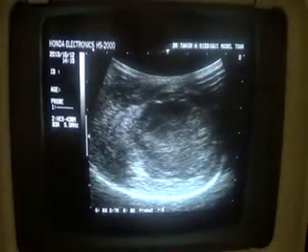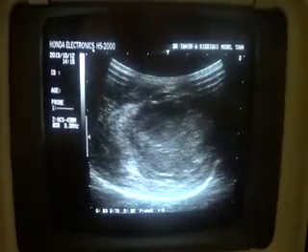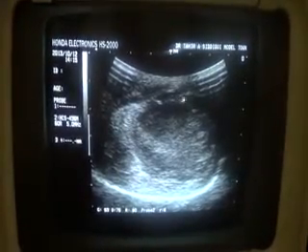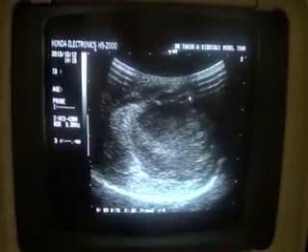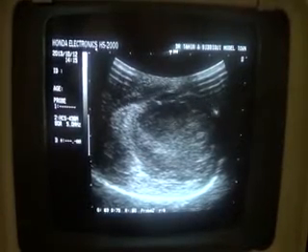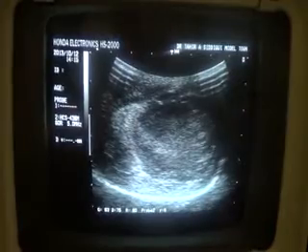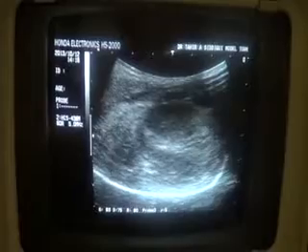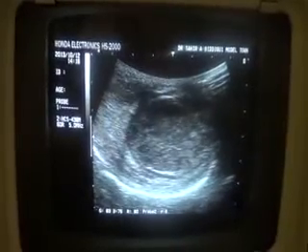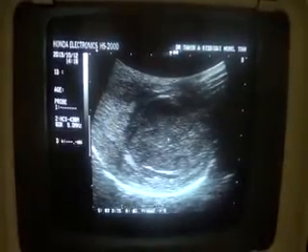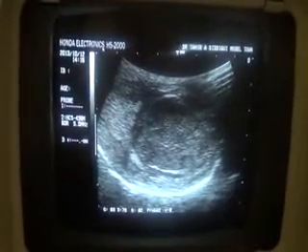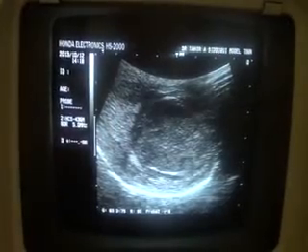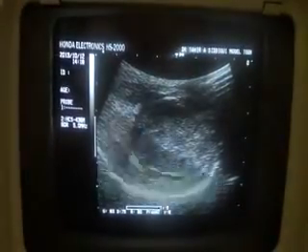You can see that the outer margin of the testis is irregular. This is the outer margin. See the irregularity of the outer margin and a small amount of fluid surrounding the outer margin of the right testis, with a few focal lesions scattered throughout the testicular parenchyma.